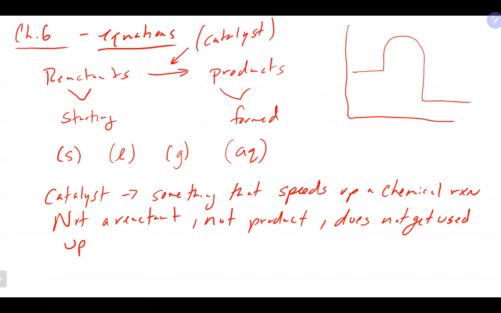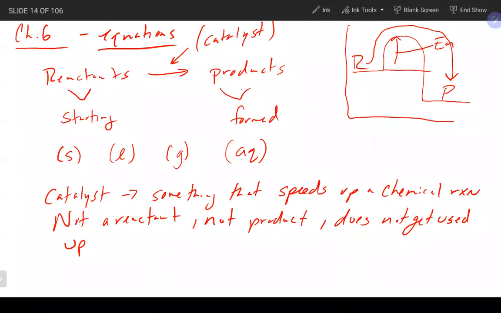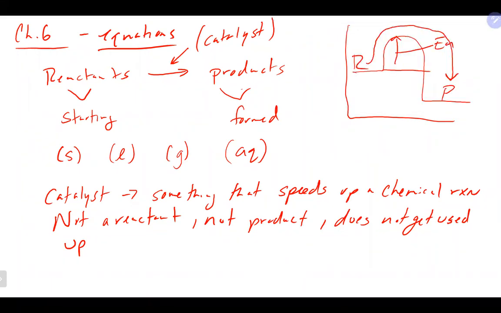Really, the way it's able to do that from reactants to products is this: there's an activation energy, which is the energy hill that the reactants have to climb to get to the other side. A catalyst can find an alternative pathway, a more efficient way for that reaction to take place. What it ultimately does is lower the activation energy. So it lowers that hill that the reactants have to climb, and that usually results in an increase in the rate of the reaction.